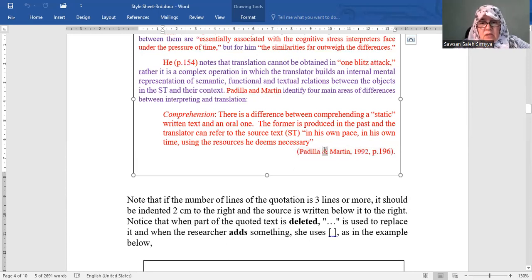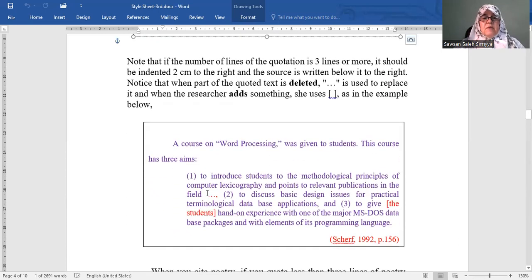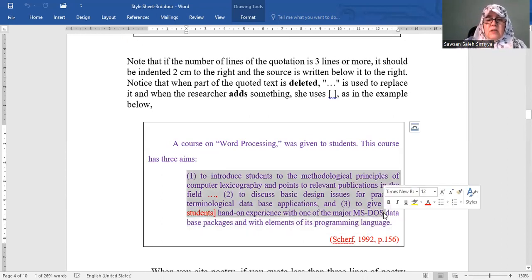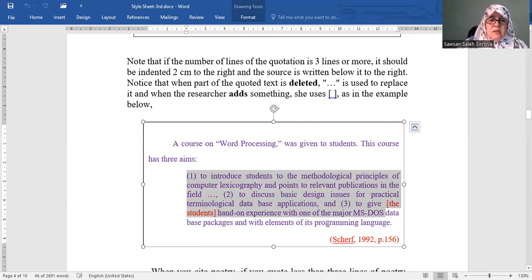I use this symbol, but inside the text, I use and. Then the year and the page. Note that if the quotation is 3 lines or more, it should be indented. You see here, this is more than 3 lines, so it is indented to the right, and the source is written below on the right.